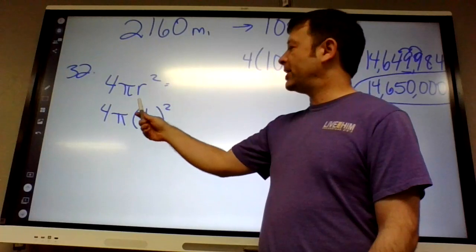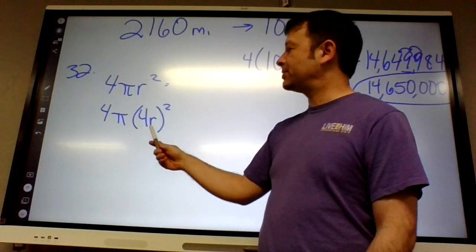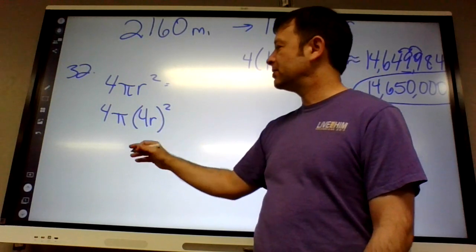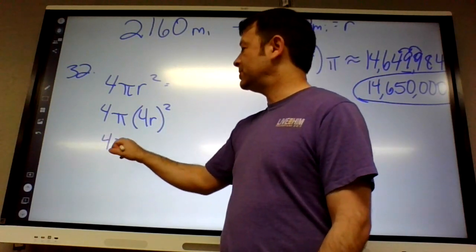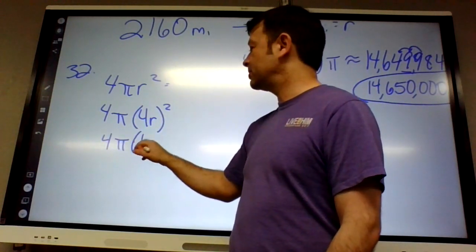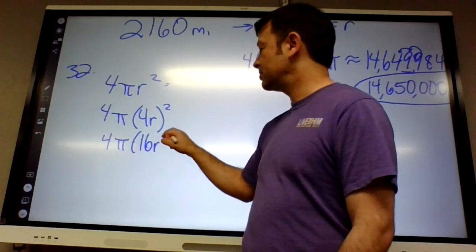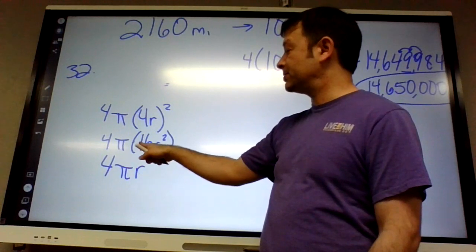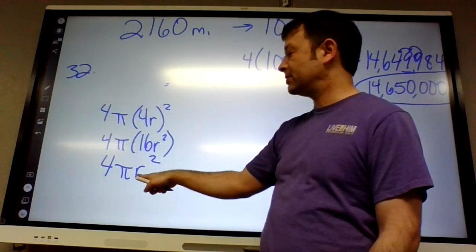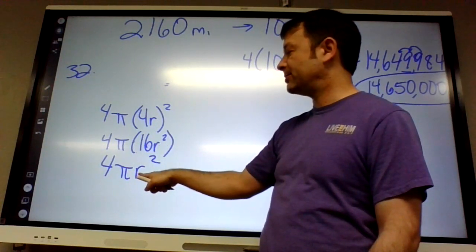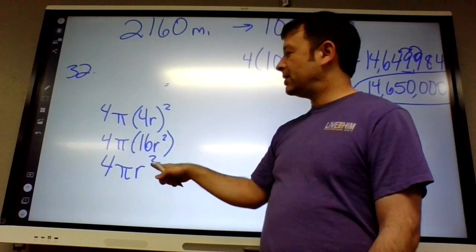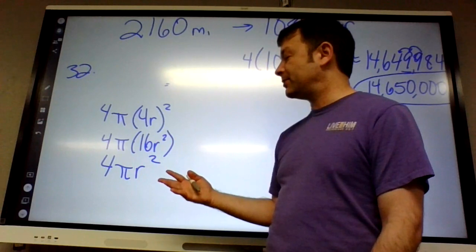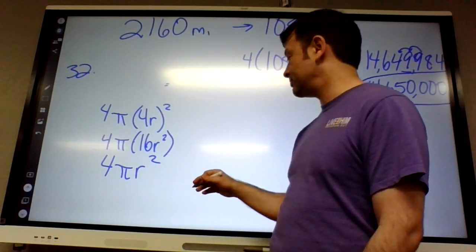Okay, 8 times bigger? What happens if we square this? What would that turn into? 16 R squared. So how many times bigger is this sphere than this sphere? 16 times bigger. So if you make the radius 4 times bigger, the surface area is 16 times bigger.